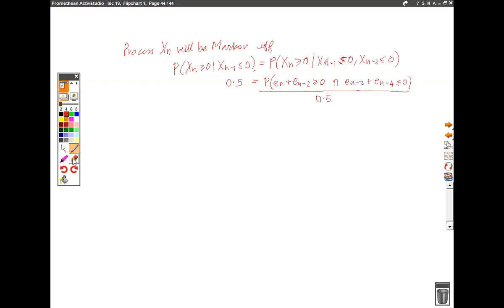So I can remove this denominator and just multiply it here for me to get the value for this numerator as 0.25, right? So now we will minus 2, this should be true, right?